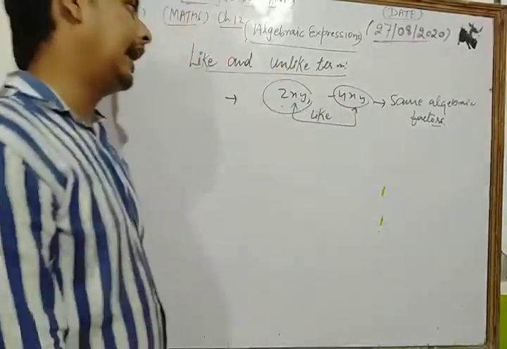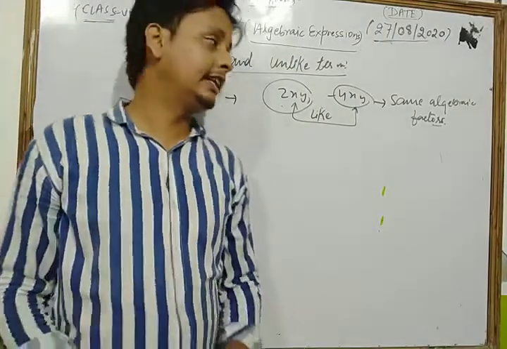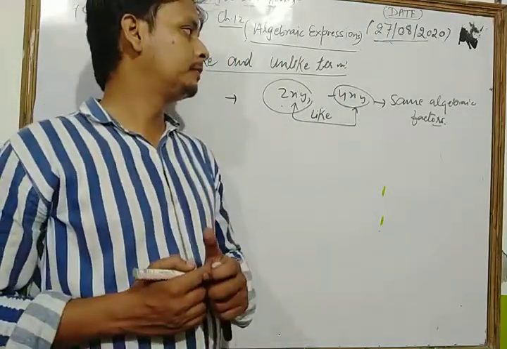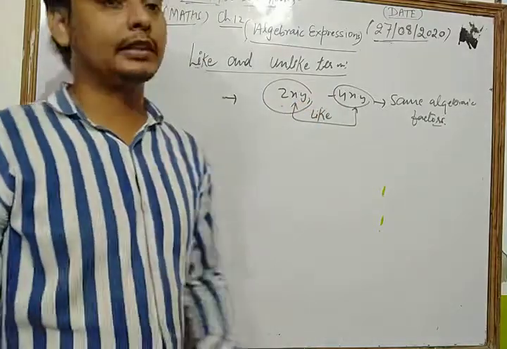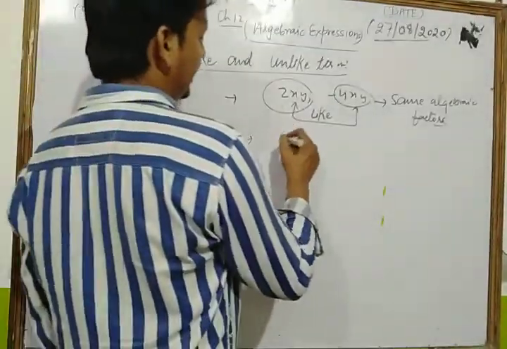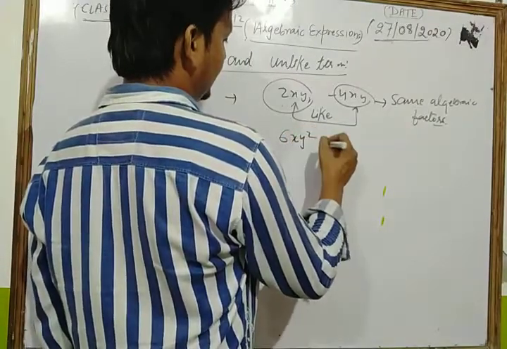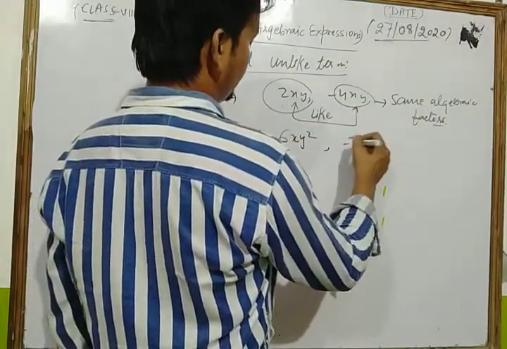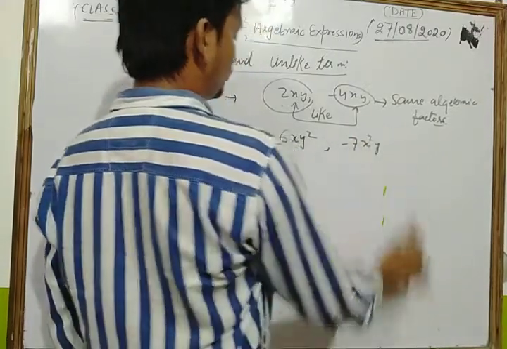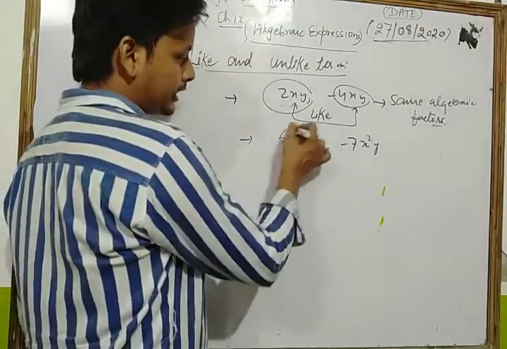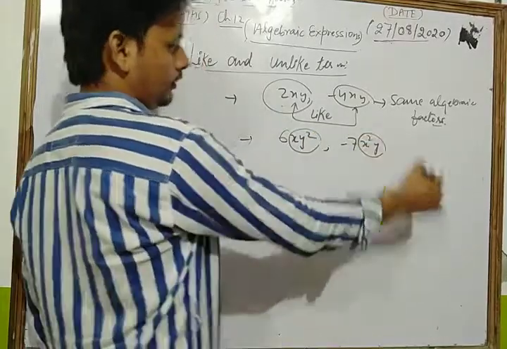And if any terms have different algebraic factors, let's see. If we write minus 6xy square and minus 7x square y, look here. This is xy square and this is x square y.